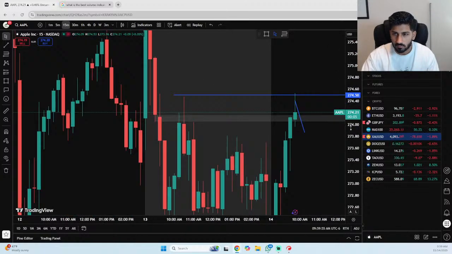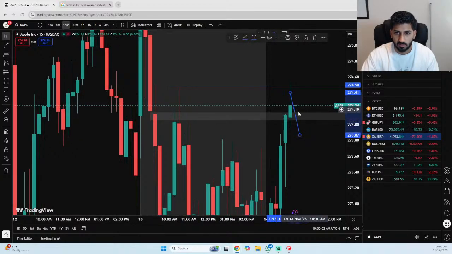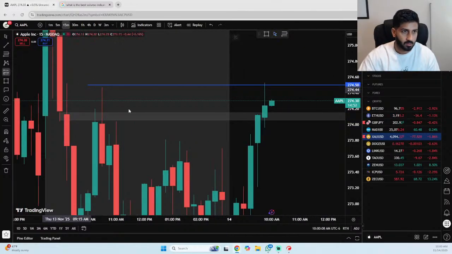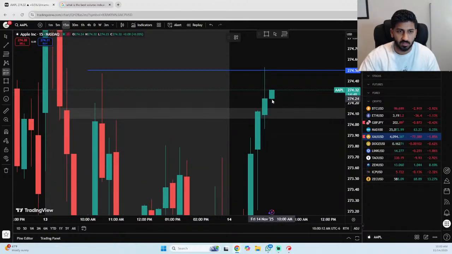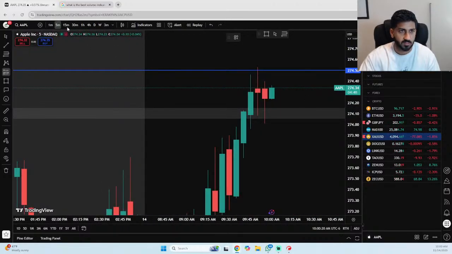So this 15-minute closing above this area, I want this to make a little bit of lower wick. If it's breaking above, then we would enter. But it seems like it has other ideas.